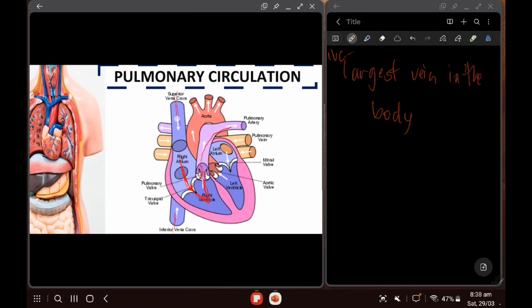That's for blood received from the superior and inferior vena cava. Then, the oxygenated blood from the lungs goes to the left atrium. Then, we have the mitral valve. And then it goes to the left ventricle, then to the aorta to be distributed all throughout the body, and we also have a valve there.